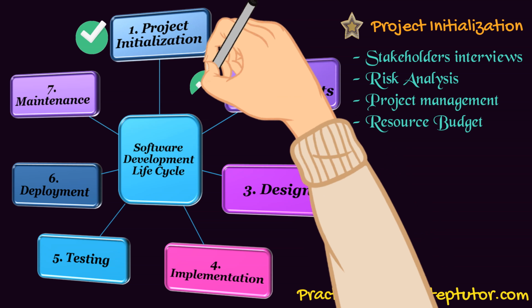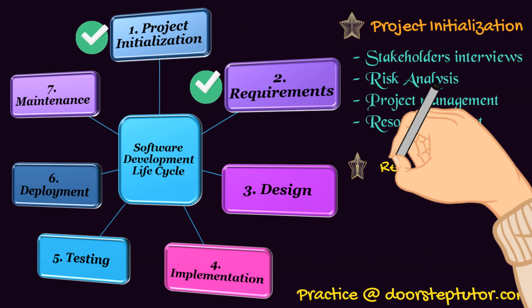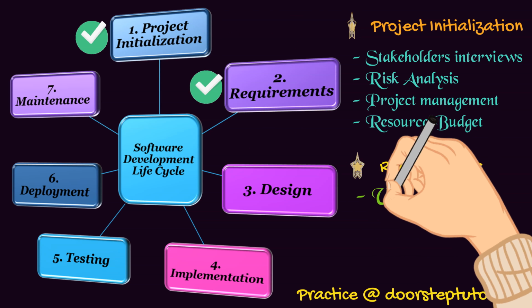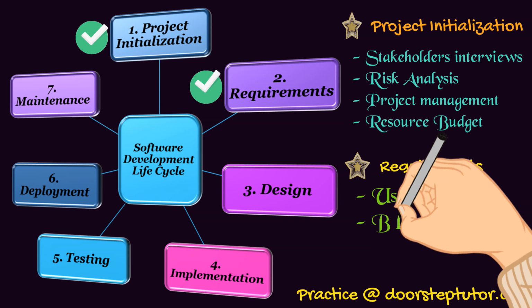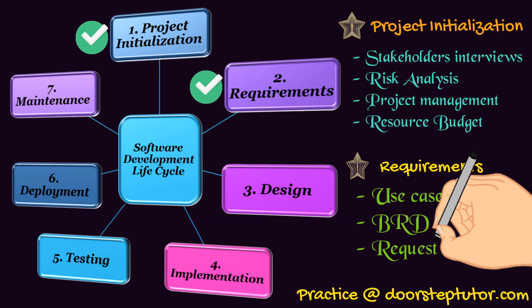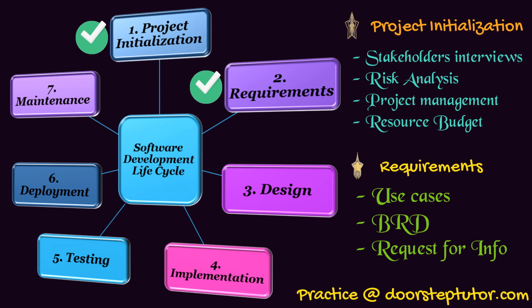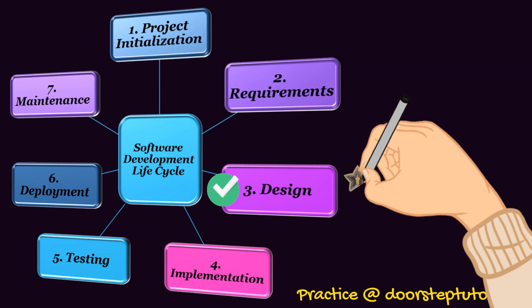Then we will come to the requirement phase. Requirement phase means that we must write all the requirements on paper. We must have proper documentation or reporting, so that we can follow all those requirements one by one. Third, we will have the designing phase.